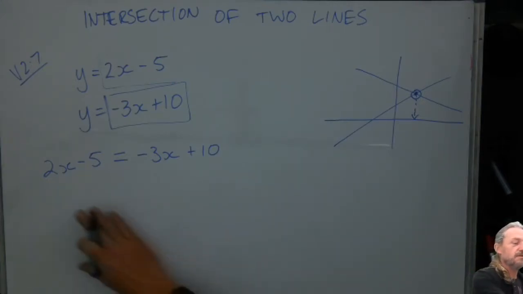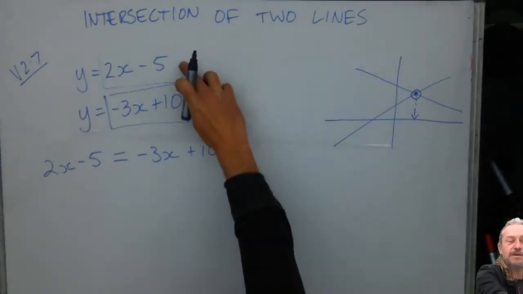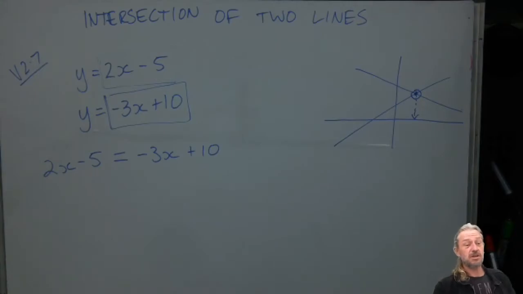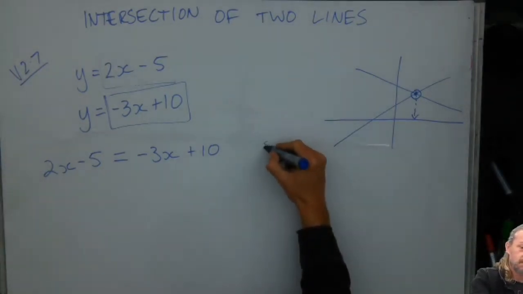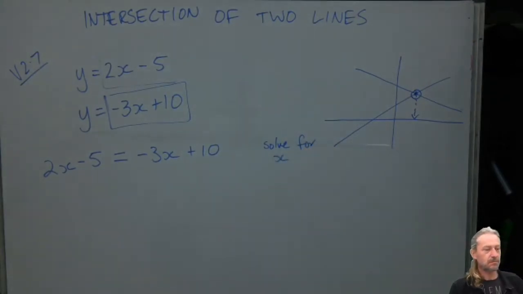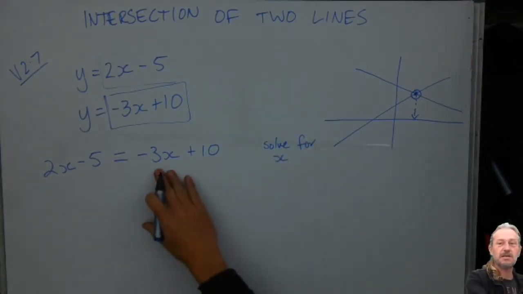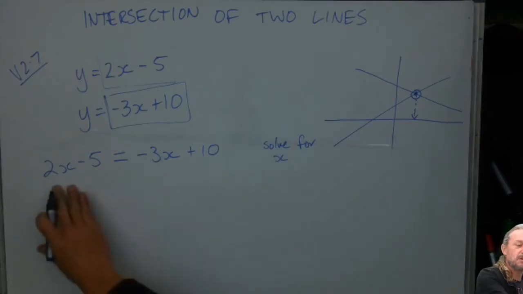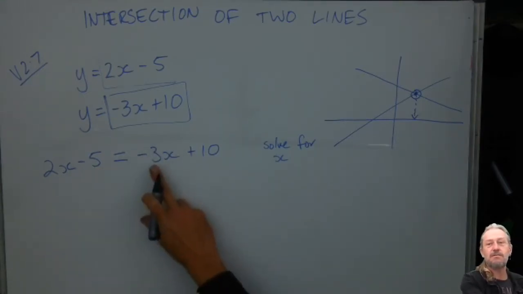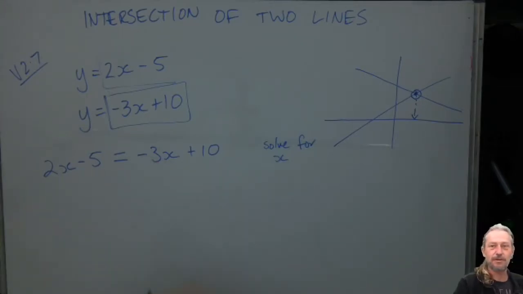Once we've made one equation equal to the other, we essentially want to solve for x. So that means collecting all the x terms on one side, the number terms on the other, and if we've got more than one x, then we just divide through.